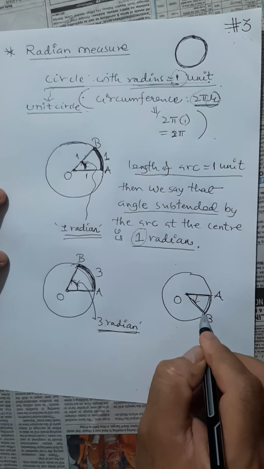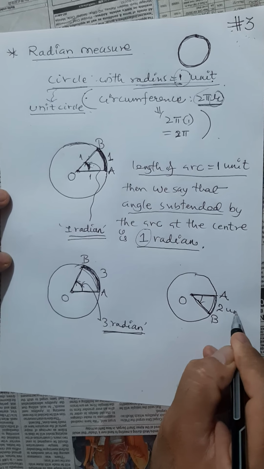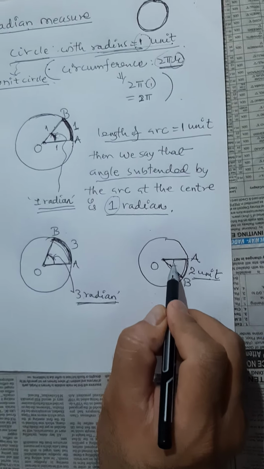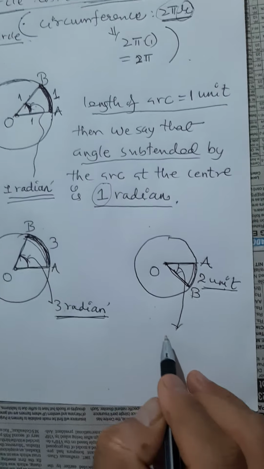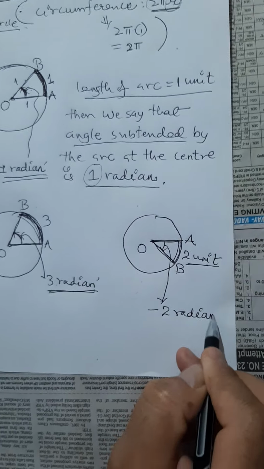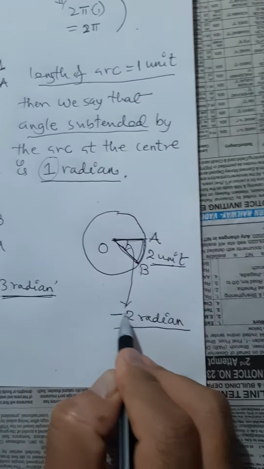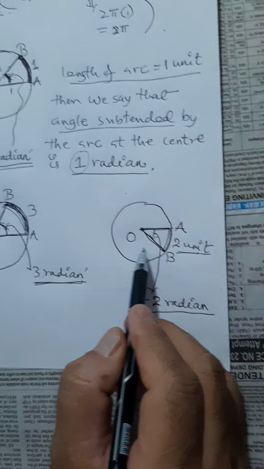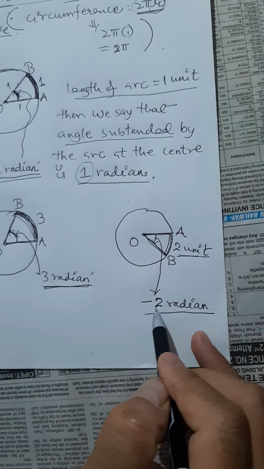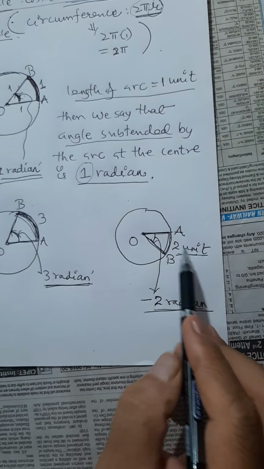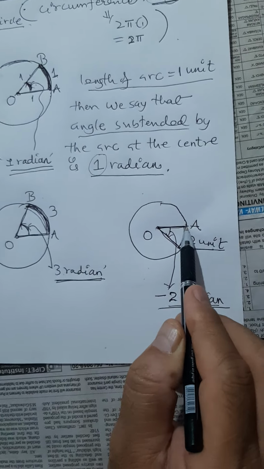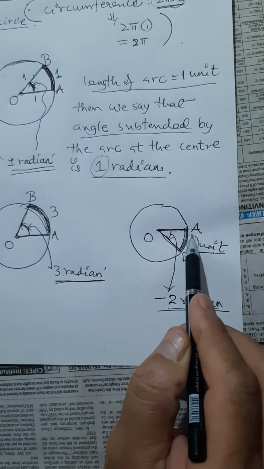Now if this arc length is 2 units, then we say that this angle is nothing but minus 2 radian. This minus sign indicates that you are moving in clockwise direction, remember. Minus 2 radian is the angle subtended by this arc at the center of the circle, because this arc length I have considered as 2 units.